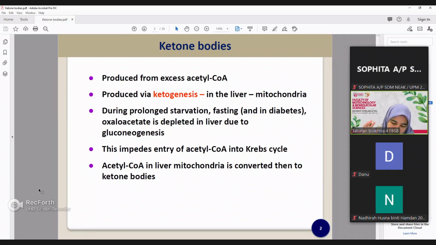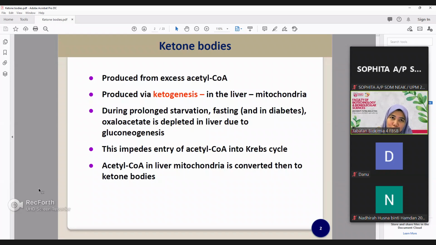Apart from that, other conditions are starvation, prolonged fasting, or very intense exercise, or severe alcoholism. These can also trigger the ketogenesis mechanism.